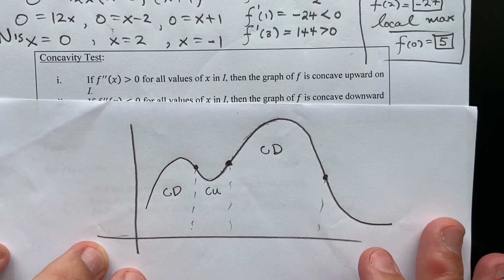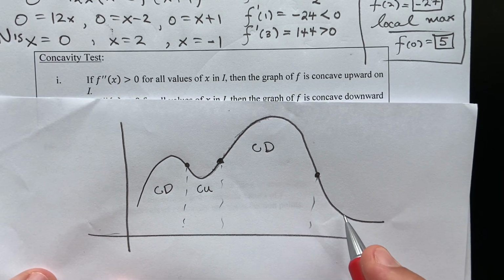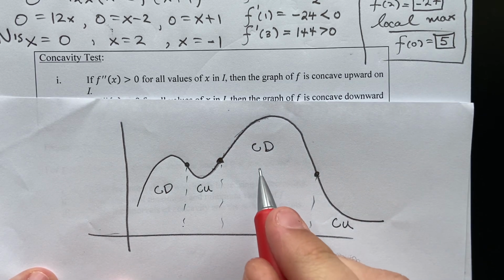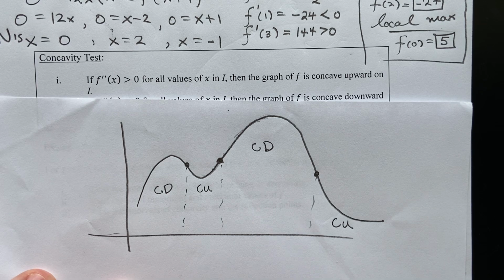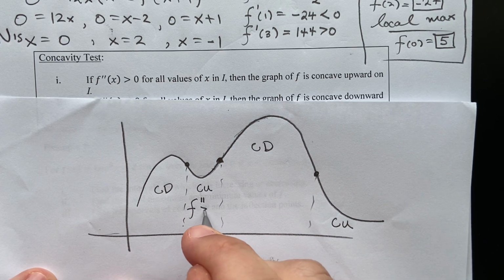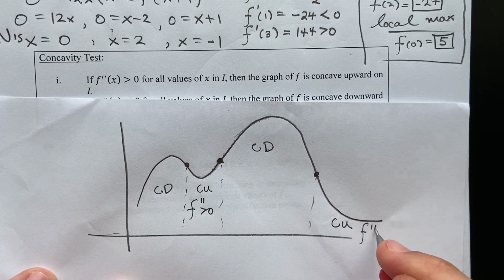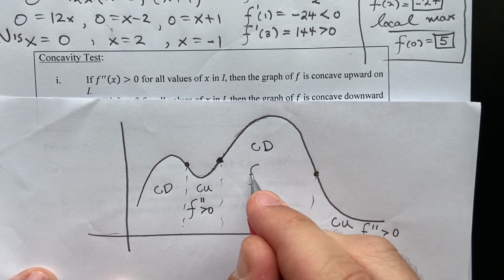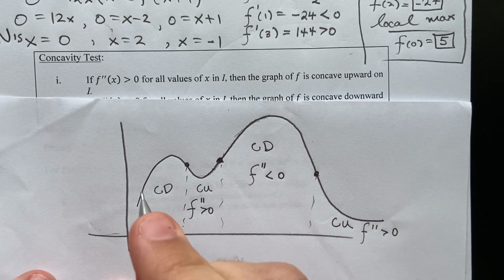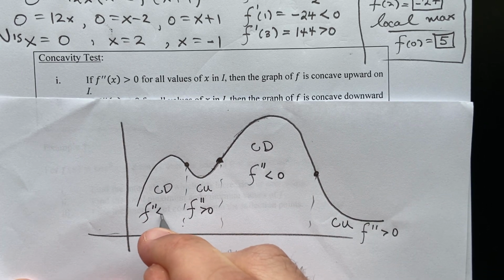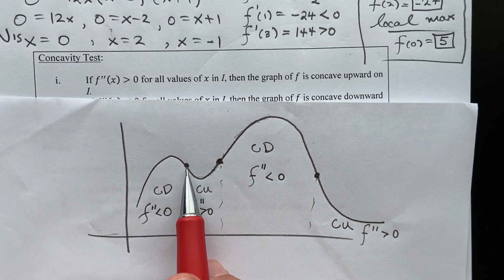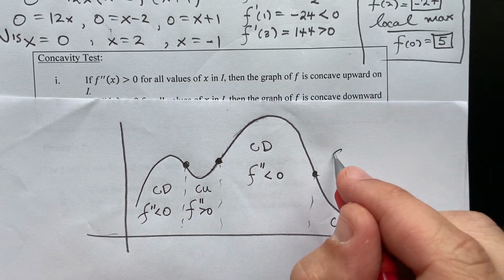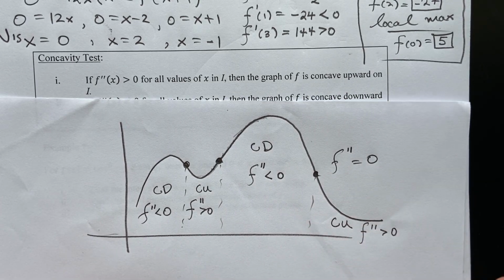Over here, I would have more concave up. So anytime we have concave up, this would be F double prime is positive. Anytime we have concave down, we would have F double prime is negative. And anytime we have an inflection point, we would have F double prime equals 0.